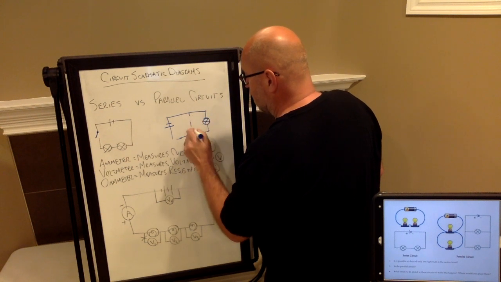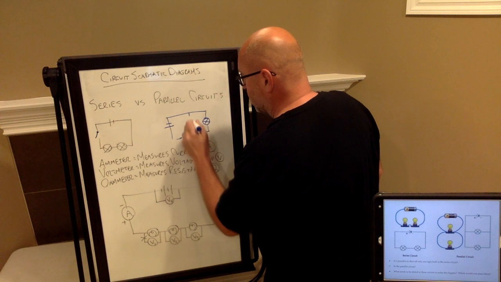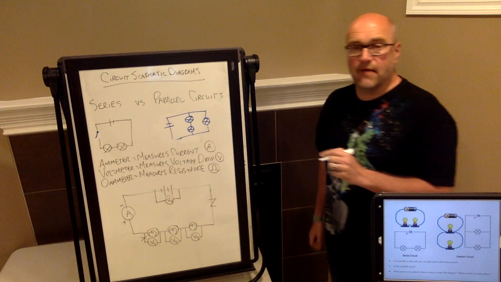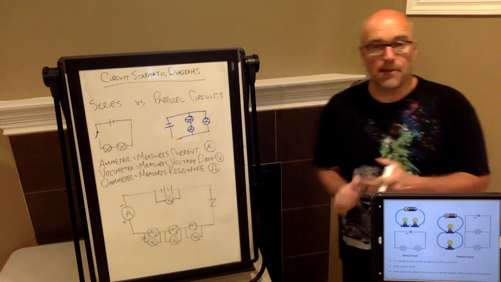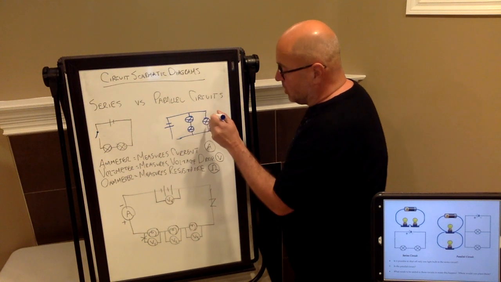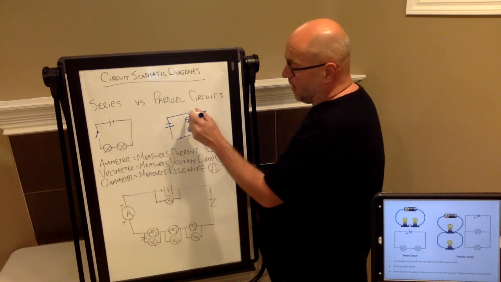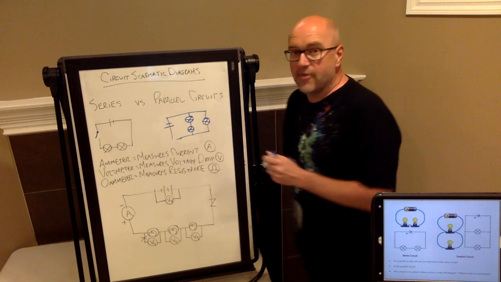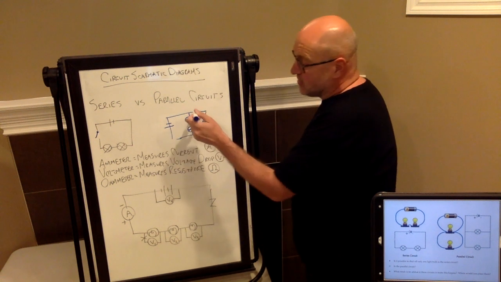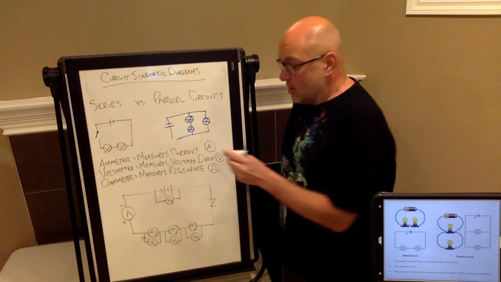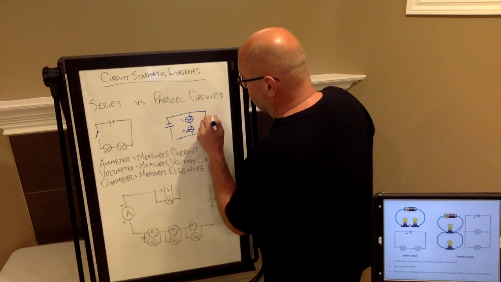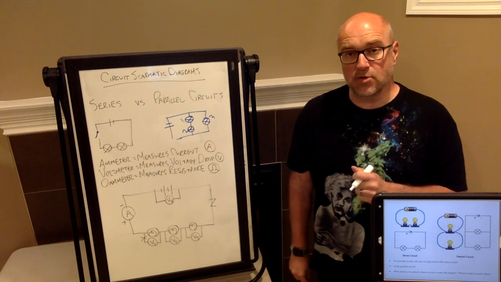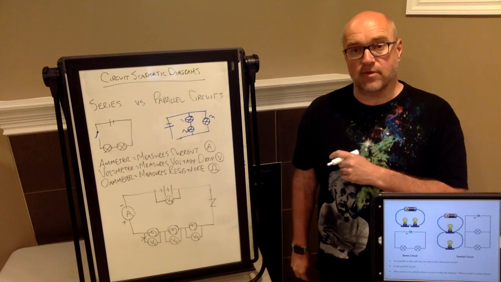So what I'm going to do here is I've drawn now 3 load resistors on my circuit. This load resistor is parallel to these load resistors. However, these load resistors, because they're on the same line, are going to be in a series configuration to one another. So this is load resistor 1, load resistor 2, and load resistor 3. Load resistor 3 right now is parallel to 1 and 2, but 1 is in series to 2.